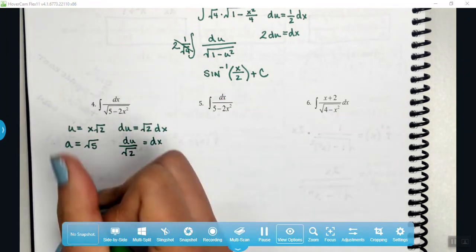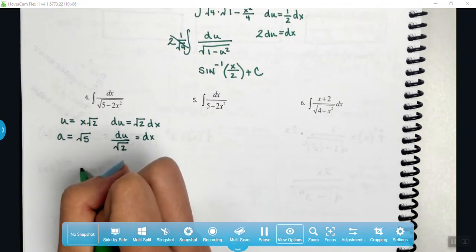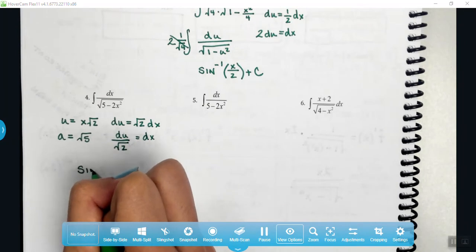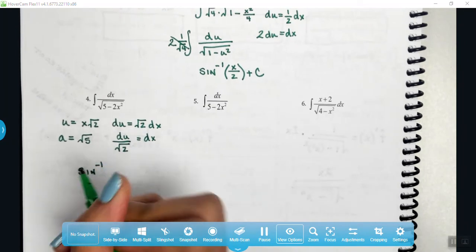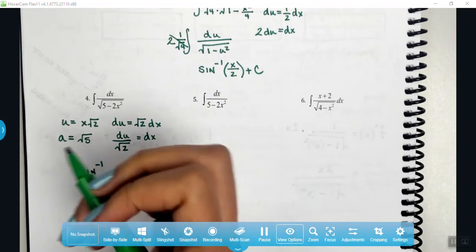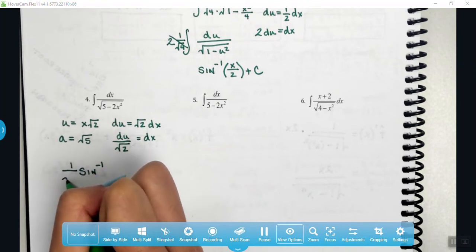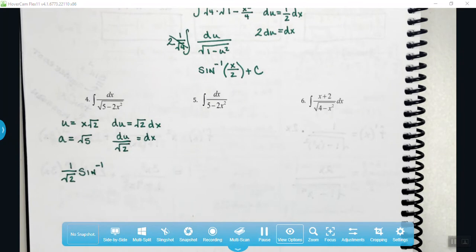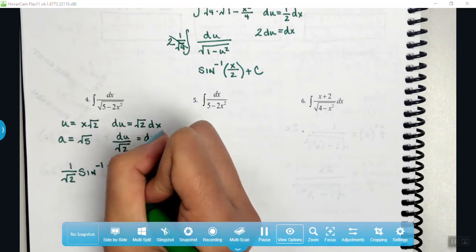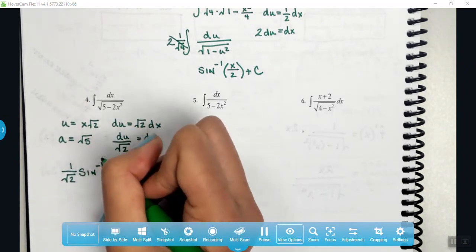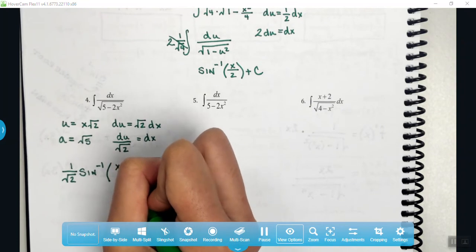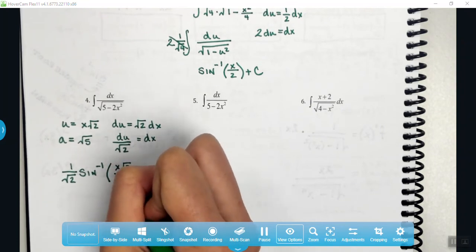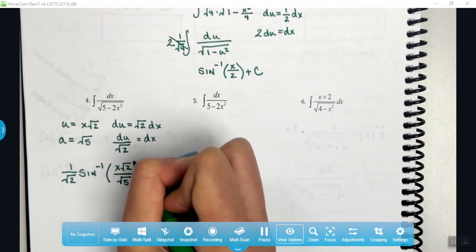So we have to write our inverse sine with a 1 over root 2 to take care of our du part. 1 over root 2 inverse sine of u over a, x root 2 over root 5, plus c.